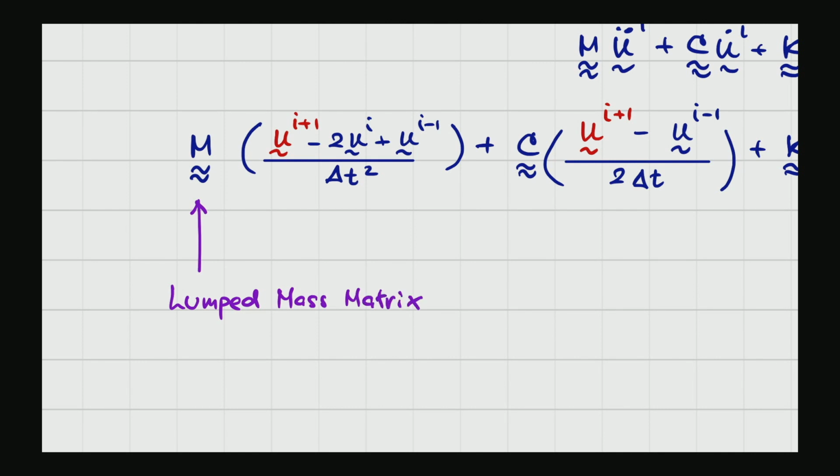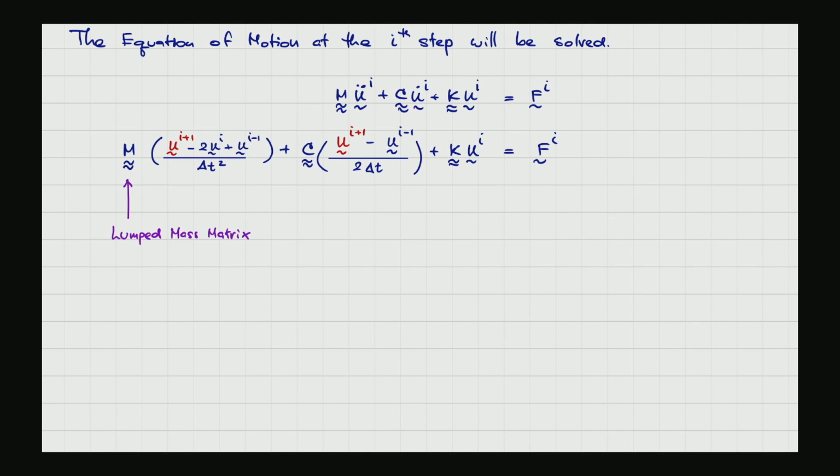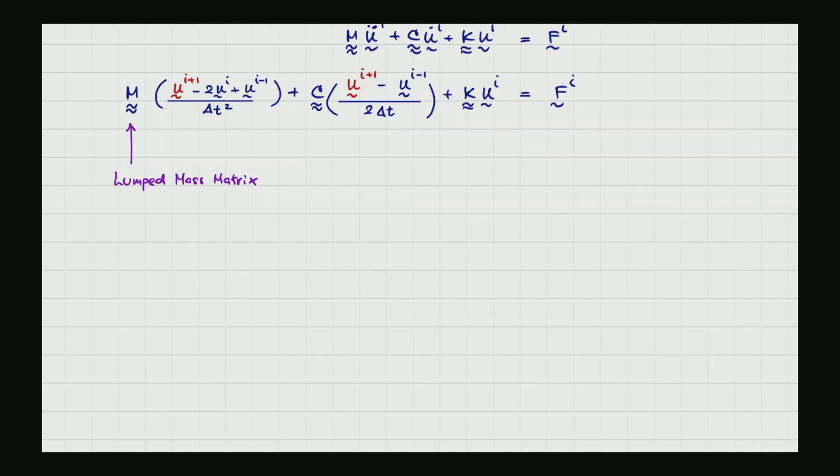It is the condition. It has to be the lumped mass matrix. Why? Because if you have the lumped mass matrix, this is the thing that you end up with.